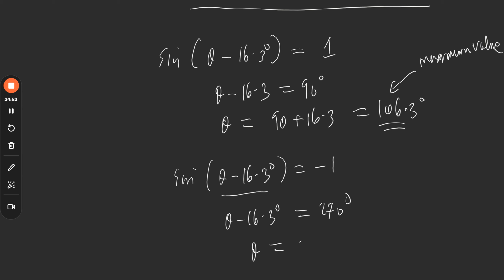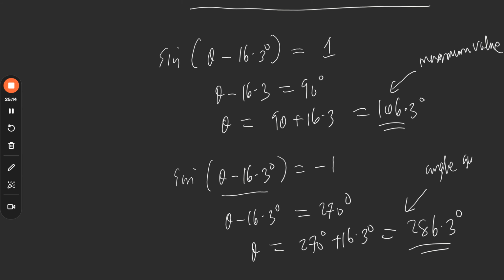So theta will be 270 degrees plus 16.3 degrees. When you add 270 plus 16.3, you get 286.3 degrees. This angle here will give us the minimum value.